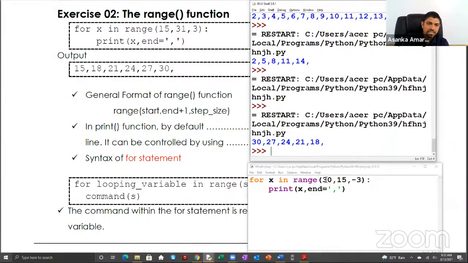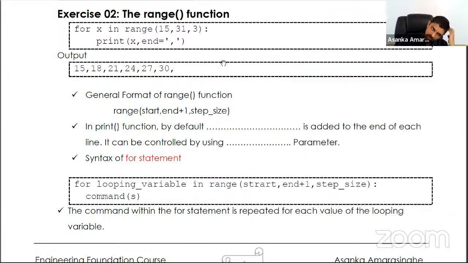Okay, I think it is clear for all of you. Right, the range function. Here in exercise 2, I am going to highlight the range function. The general format of the range function: you have to specify the name of the function, which is range, then start, comma, then you have to put n+1.